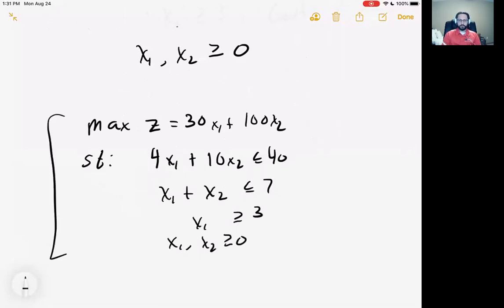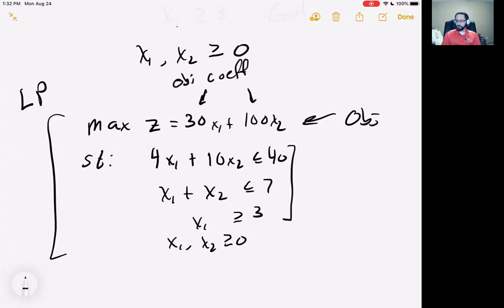This entire expression is called a linear program. This expression is called the objective function. These coefficients are called the objective coefficients. These three equations are called the constraints.